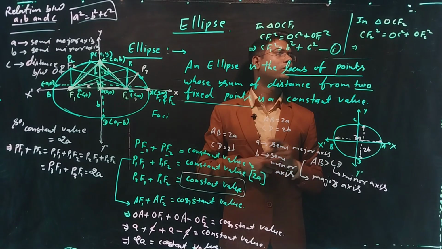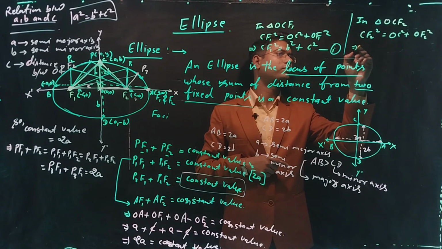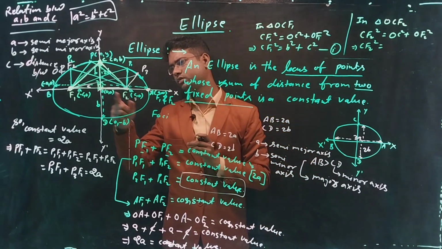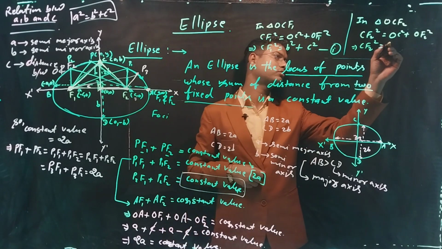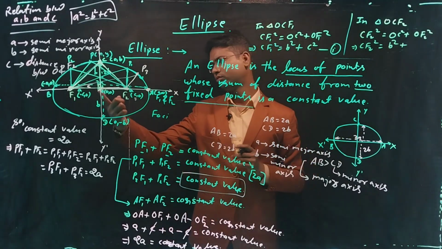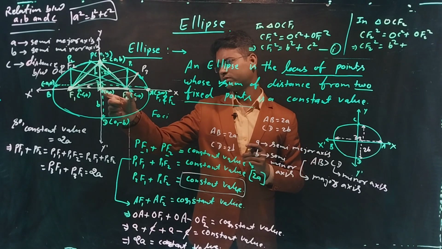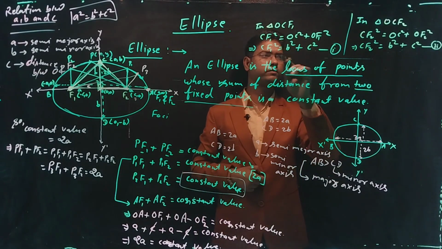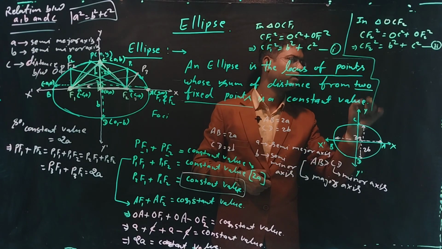This implies that CF2 square is equal to OC square plus OF2 square. What is the value of OC? OC is B square, and OF2 means C square.